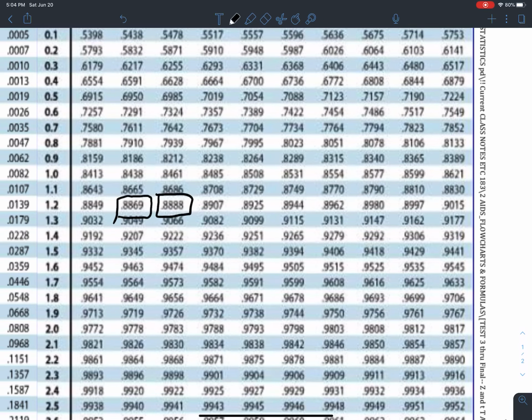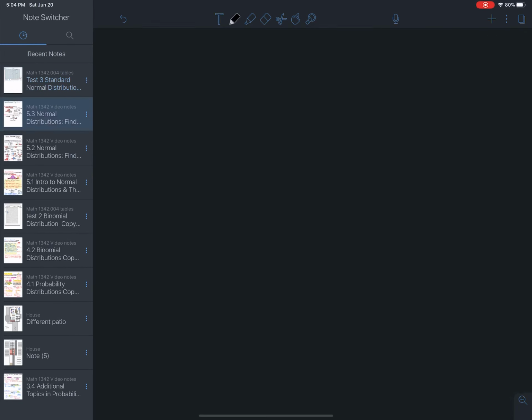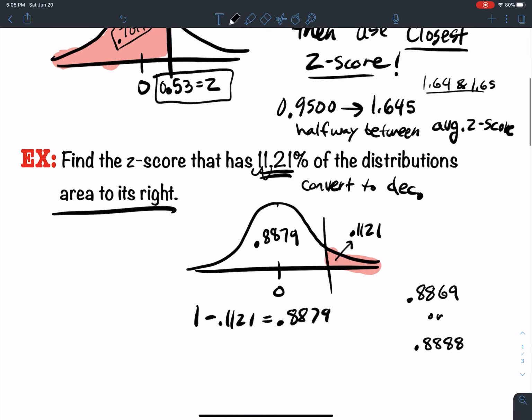Okay, which one is it closer to? 0.8869 or 0.8888? Which one is this one closer to? If I subtract off 0.8879 here, I'm going to get 0.0010, negative.